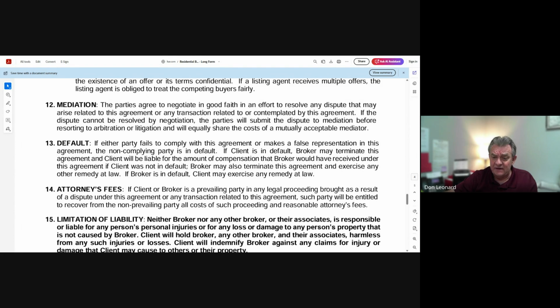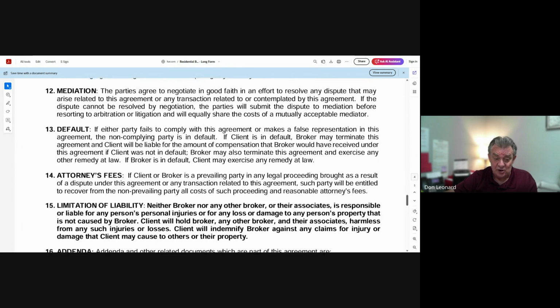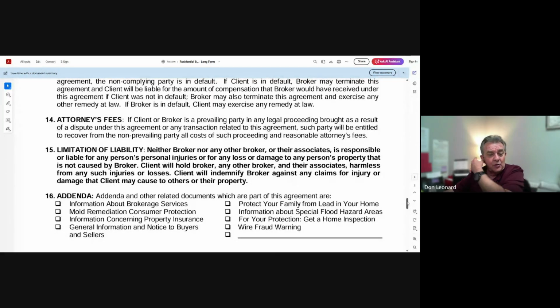I'm sure there probably have been lawsuits based on listing agreements and buyer reps. It's usually under contracts, but if client or broker is prevailing party, in any legal proceeding as a result of this dispute, such party will be entitled to recover from the non-prevailing party all costs of such proceeding and reasonable attorney's fees. And of course, the sales contract says the same thing.